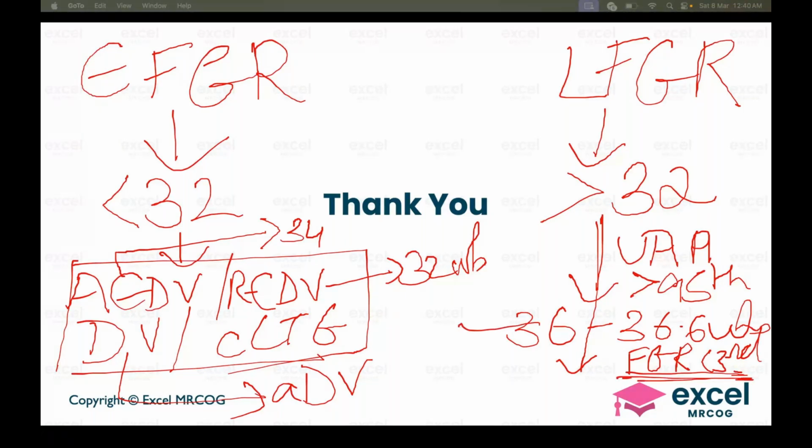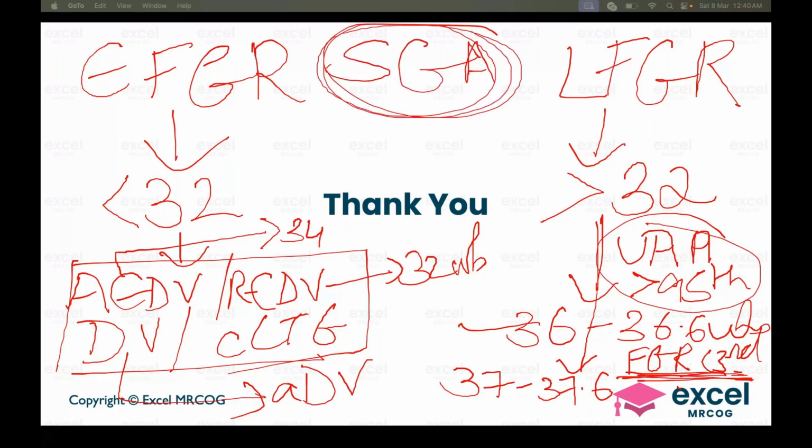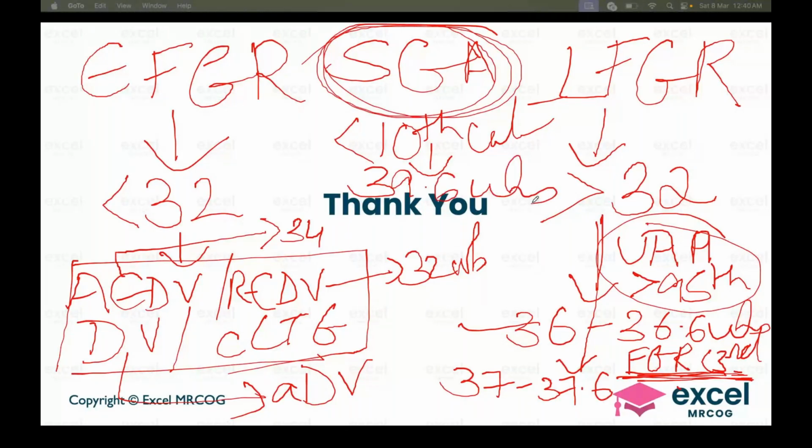This is a severe Doppler abnormality. This can be delivered between 37 to 37.6. If it is SGA only, that is less than 10 centile, you deliver by 39.6 weeks. So the entire guideline is in this slide.